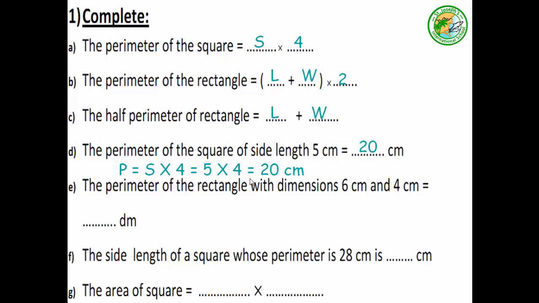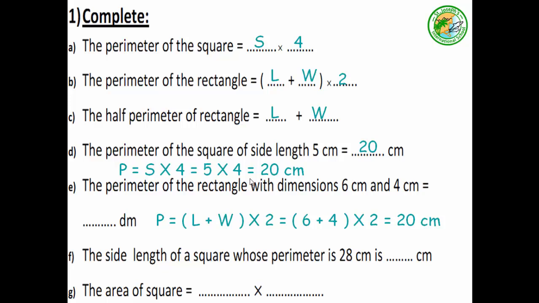What will we do to calculate the perimeter? Write the rule first. Perimeter equals length plus width times 2. The length equals 6 and width equals 4, so it will be 6 plus 4 all times 2 equals 20 centimeters.